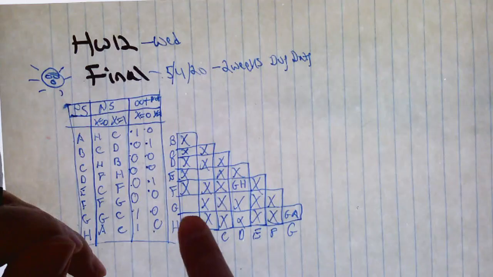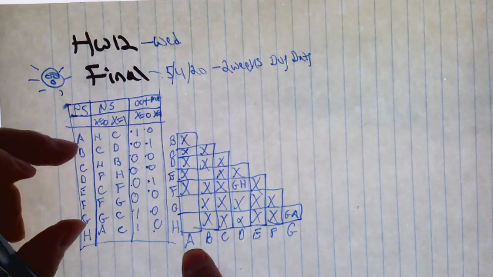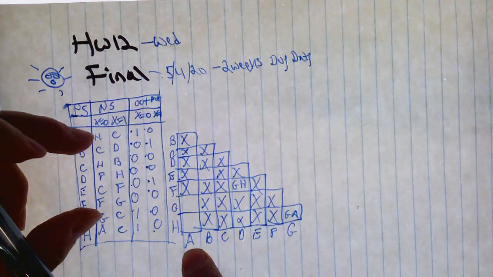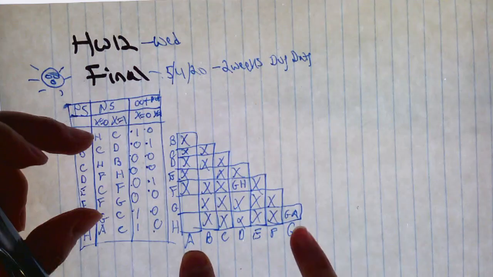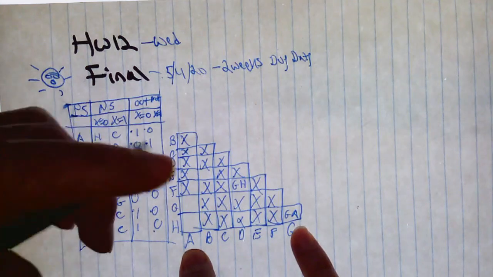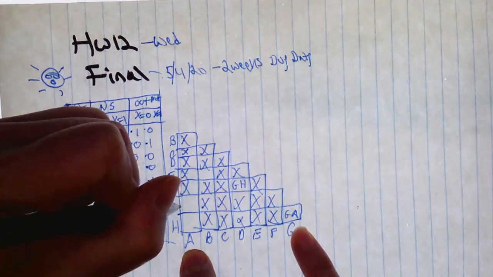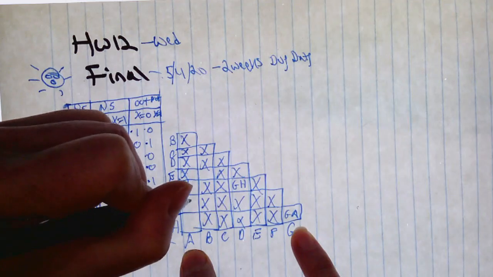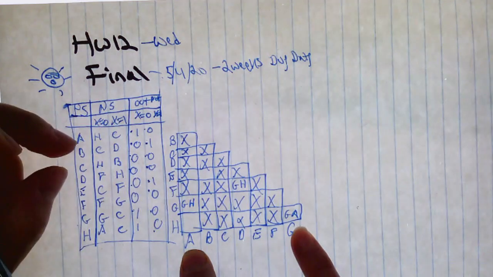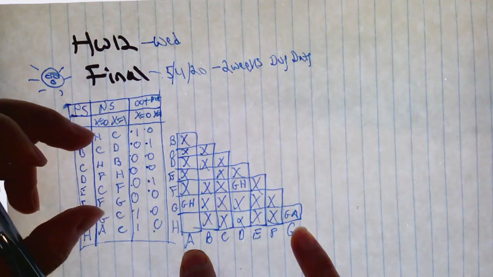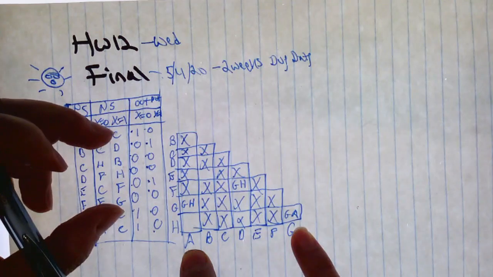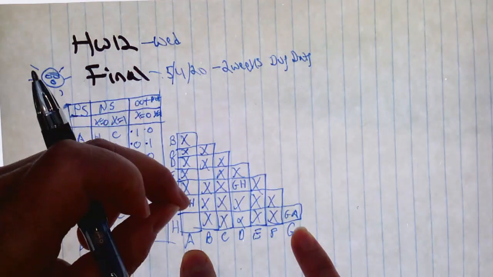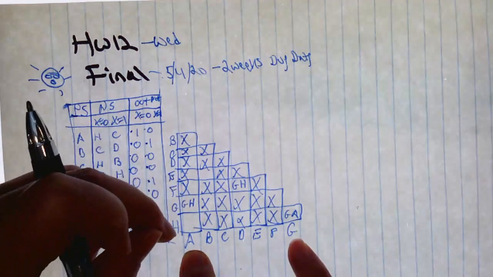Well, here's G and there's A. G is equal to A if G is equal to H. So G equals A if G equals H and if C equals C. So check it out. G equals A if G equals H, and G equals H if G equals A.